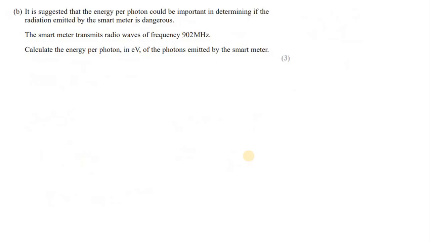It is suggested that the energy per photon could be important in determining if the radiation emitted by the smart meter is dangerous. The smart meter transmits radio waves of frequency 902 megahertz. Calculate the energy per photon in electron volt. Again, energy of photon, E is equal to hf. So h is 6.63 times 10 to the power minus 34.